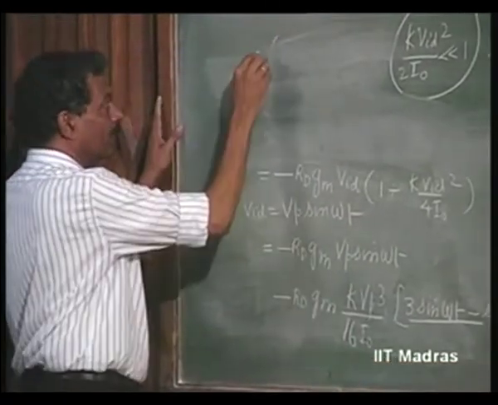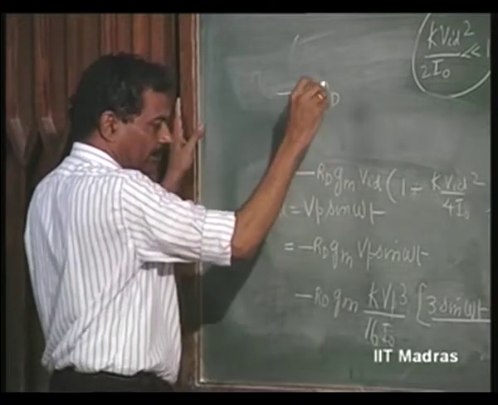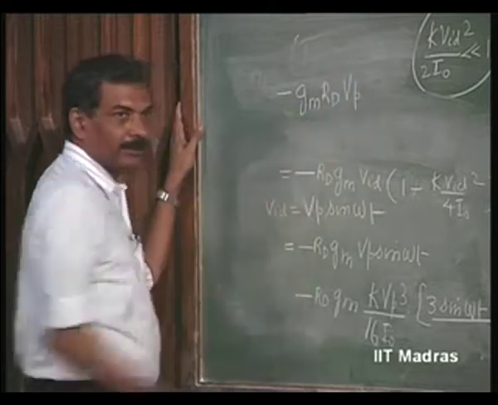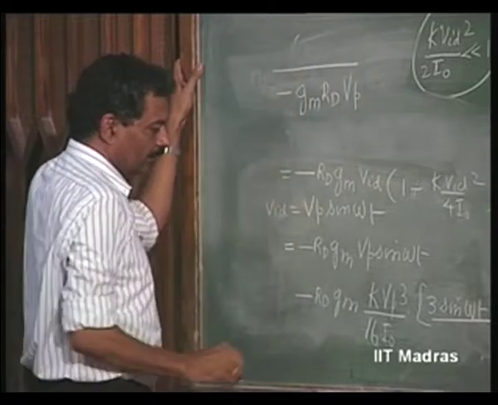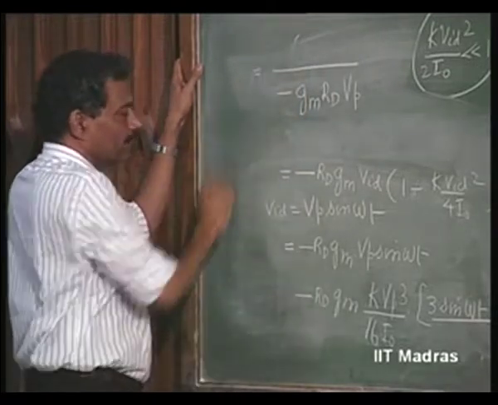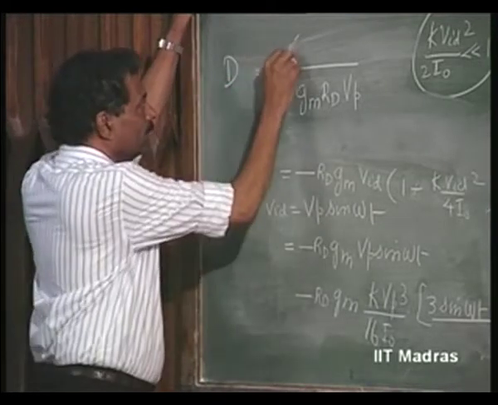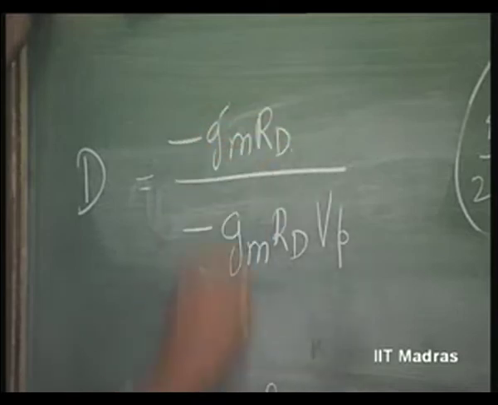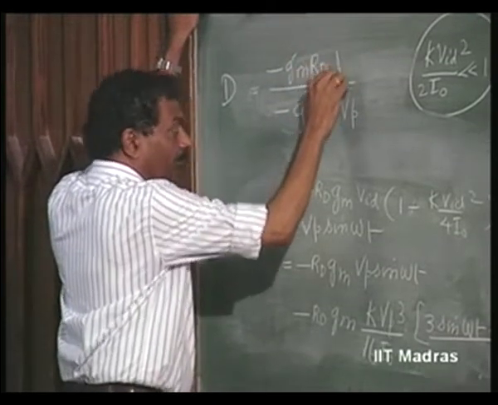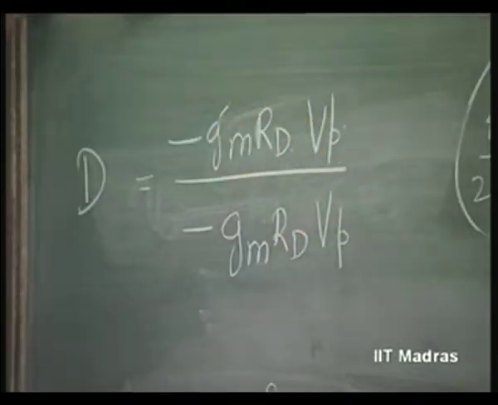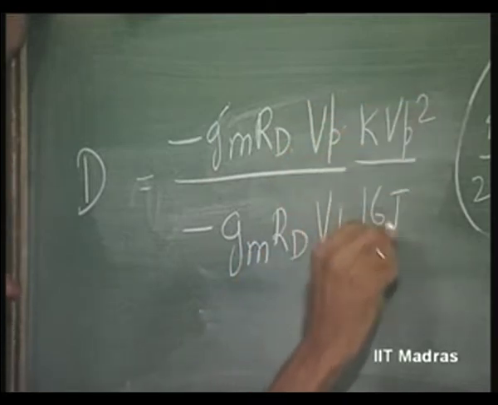So, the fundamental component will be minus Gm Rd into Vp, the peak component of the fundamental, right, and this one the harmonic, right, percentage or ratio of the distortion is going to be again minus Gm Rd into Vp, k Vp squared by 16 I naught.